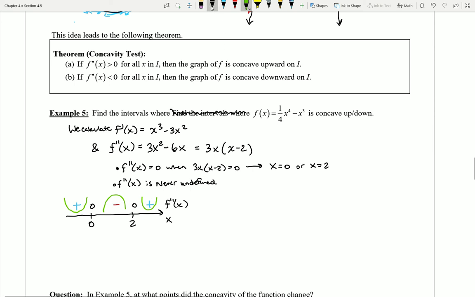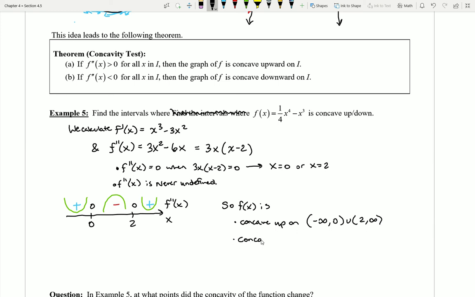So let's go ahead then and see how we can summarize all of this. Our goal was to just find the intervals where this was concave up or concave down. And so we can say that f of x is concave up on the interval from -infinity to 0 and from 2 to infinity.